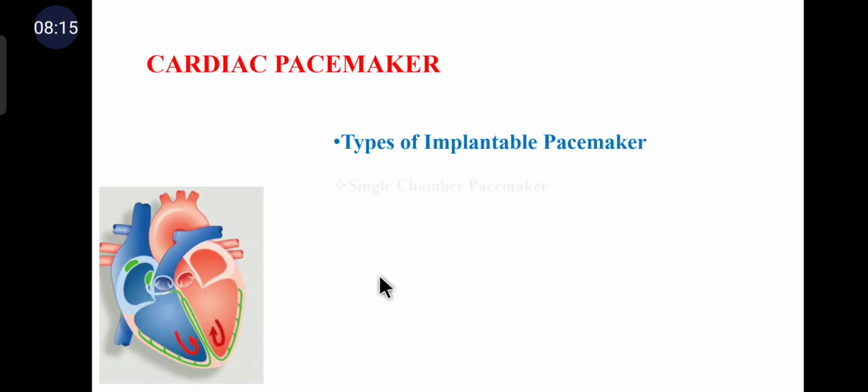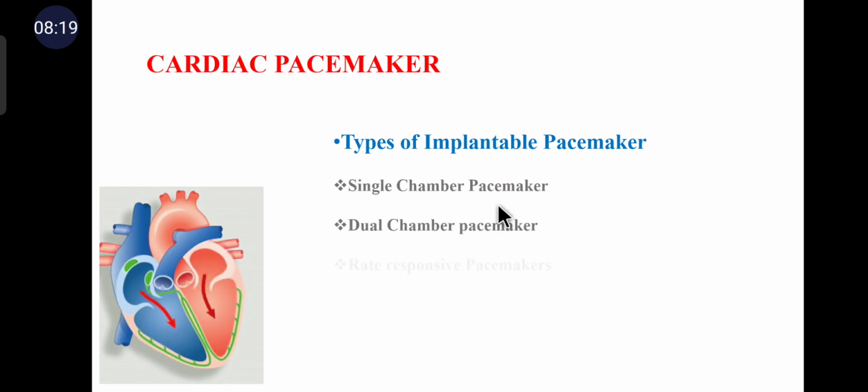So there are three basic types of implantable pacemakers: single chamber pacemaker, dual chamber pacemaker, and rate responsive pacemaker. In a single chamber pacemaker, only one wire is placed into a chamber of the heart. Sometimes it is the upper chamber or atrium, other times it is the lower chamber or ventricle.